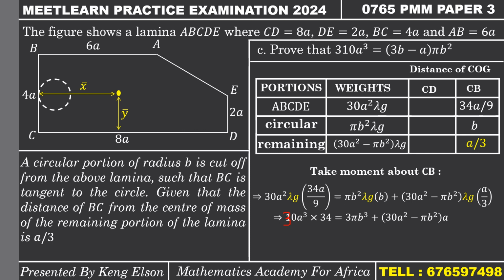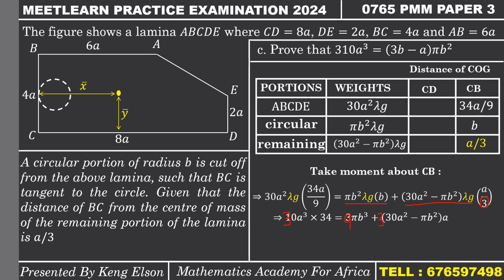When I multiply this quantity by 9, b is now cubed, and in the place of 3 we actually have 9. And when you multiply this quantity by 9, 9 divided by 3 gives us 3, so there's going to be a 3 here.